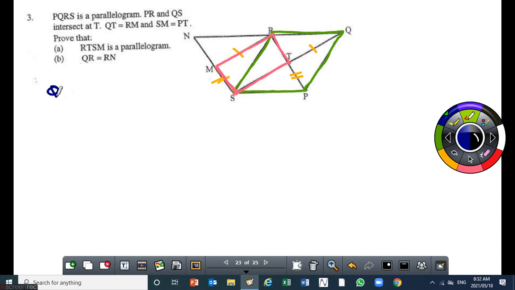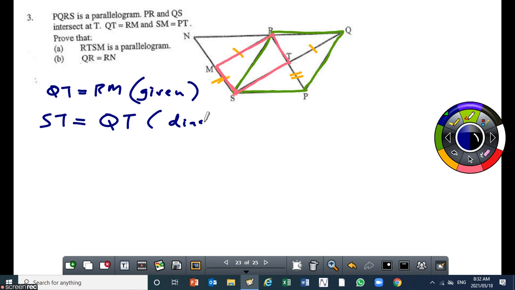So the first thing that I'm going to write is QT is equal to RM, and this is given. Then I'll say ST is equal to QT, and the reason is diags of a palm. We know that they bisect.